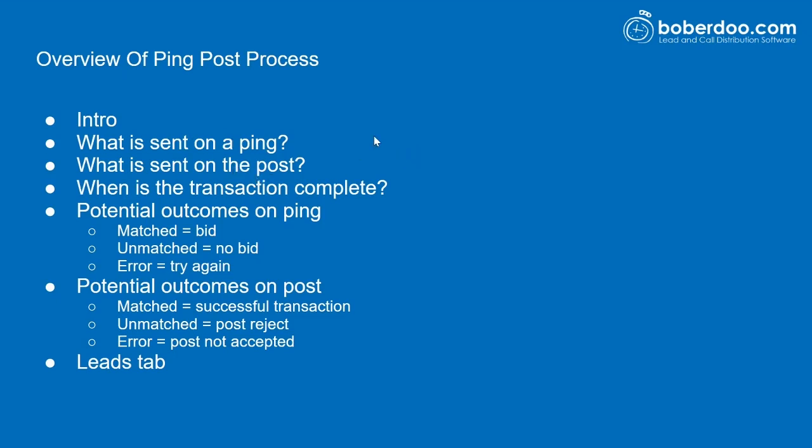In terms of what is sent on a ping, that is going to depend. It depends on the vertical, it depends on the vendor, and it depends on what the buyer requires. So in many lead types, there's pretty consistent requirements as far as what is pinged across.